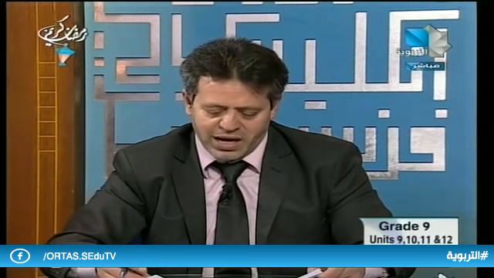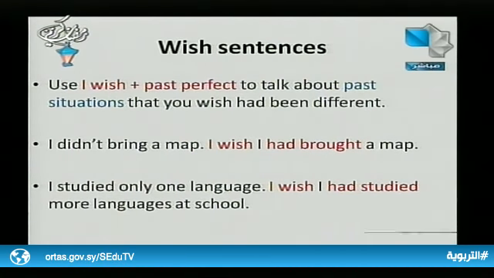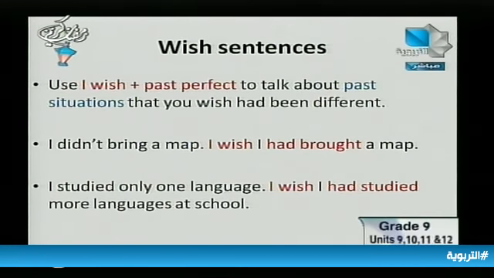Example: I didn't bring a map. I wish I had brought a map. So the sentence is simple past, the sentence after it is past perfect. Another example: I studied only one language. I wish I had studied more languages at school. Good.